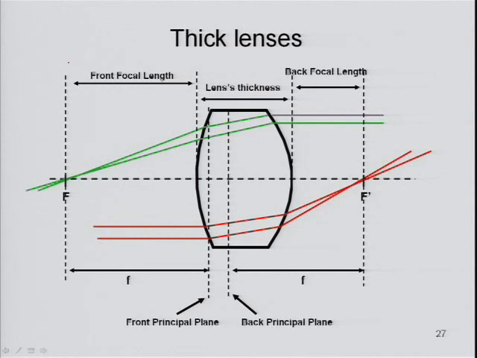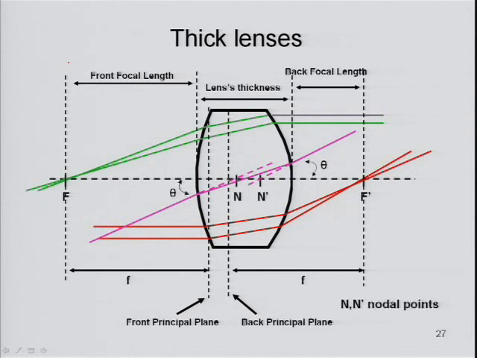There's just an additional thing, which is the notion of nodal points. These points are defined so that an incident beam of light going through the point N, with an angle theta, will emerge on the other side with the same angle as if it was going through the point N prime.